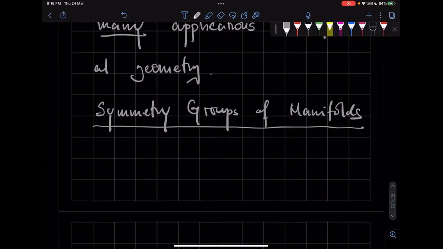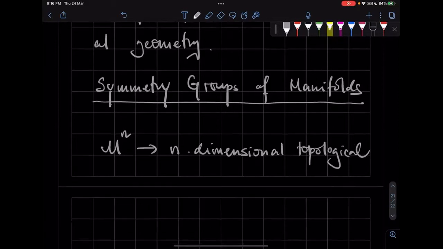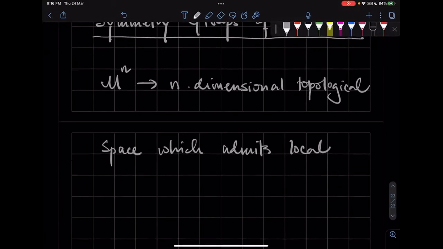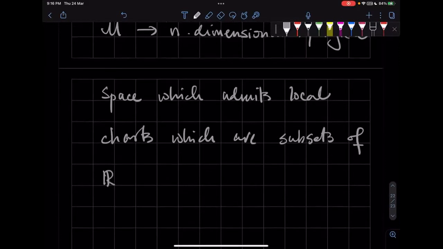So essentially, a manifold, say Mn, is an n-dimensional topological space which admits local charts, which are subsets of Rn, right?